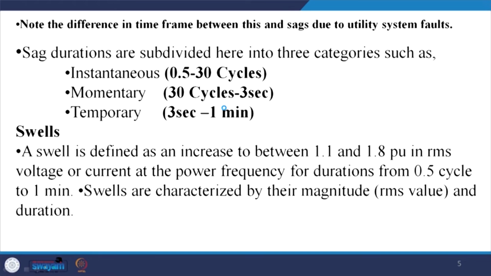Based on that, note the difference in time frame between these sags and those due to utility system faults, which has to be categorized.